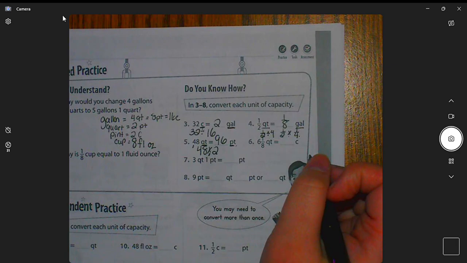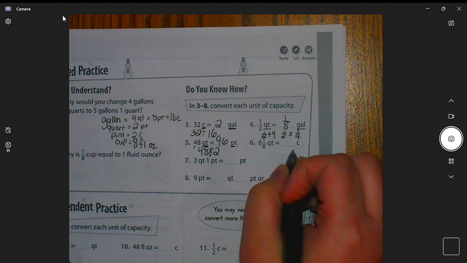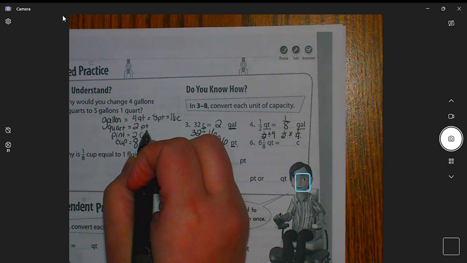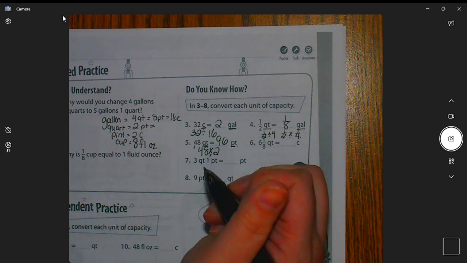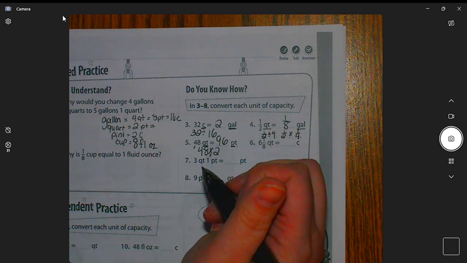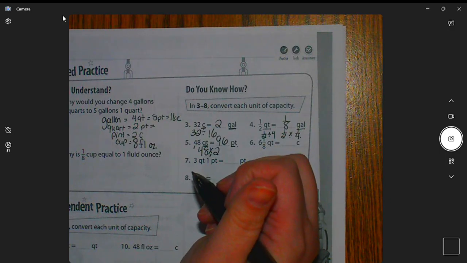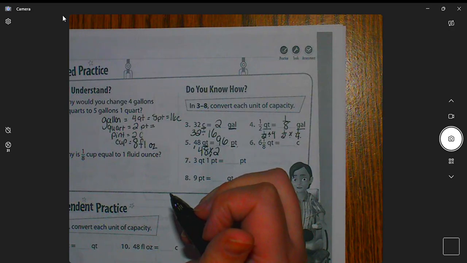This one is tricky. 6 and 1/8 quart equals how many cups? Well, if I know it takes 2 pints to make a quart, and it takes 2 cups to make a pint, we have to do some backward thinking here. So 2 cups to make a pint, and 2 pints to make a quart.